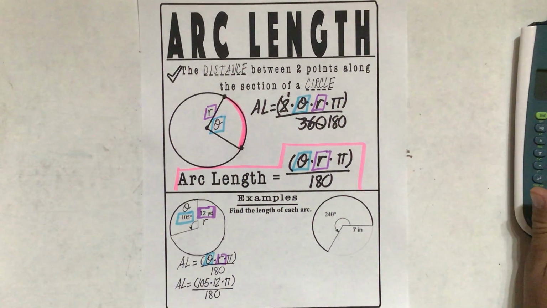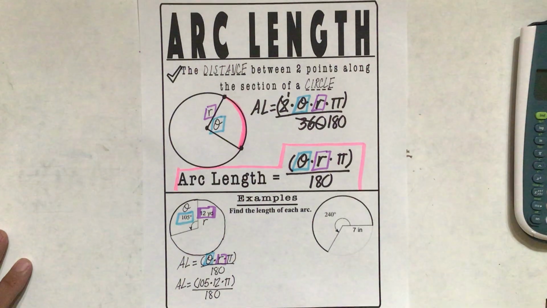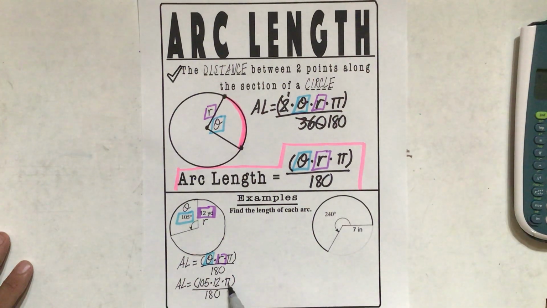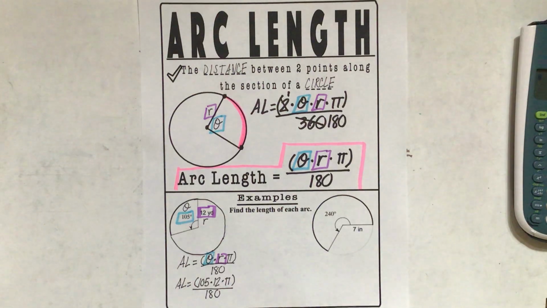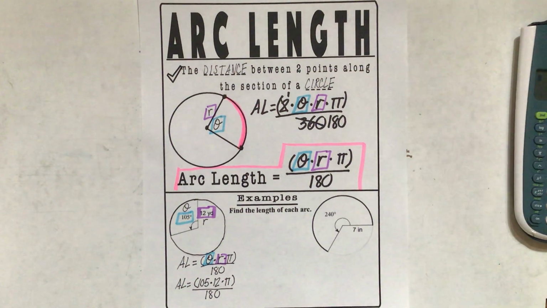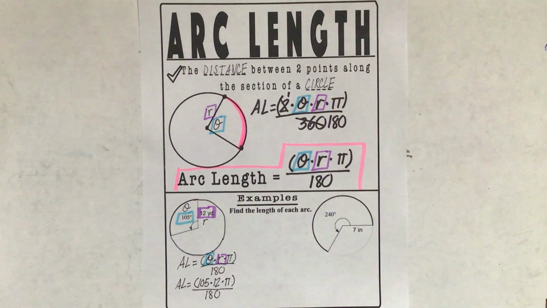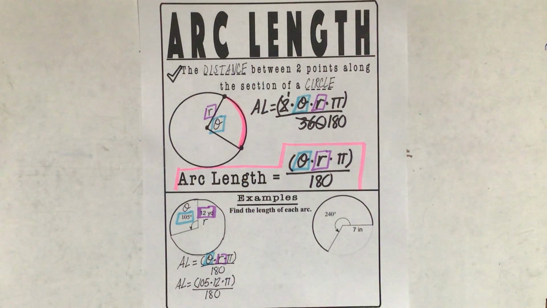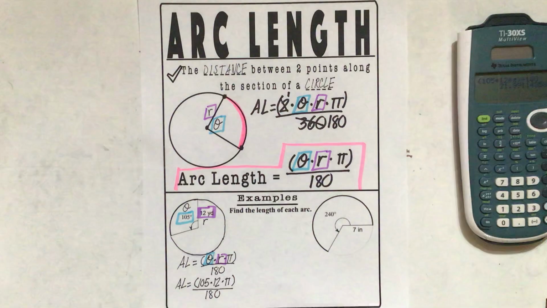If you're using the calculator in Delta Math, the pi symbol is right under the 3. We're going to put in, including the parentheses, you have to include the parentheses: parentheses 105 times 12 times pi, parentheses. You have to put both parentheses. Then this line means divided by 180, and you get 21.99.